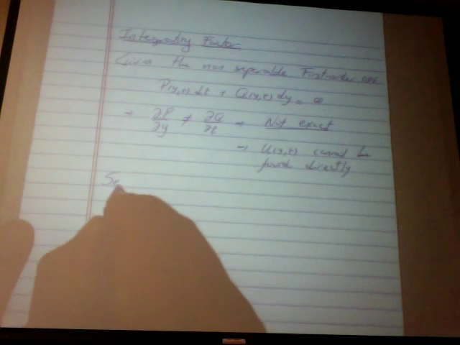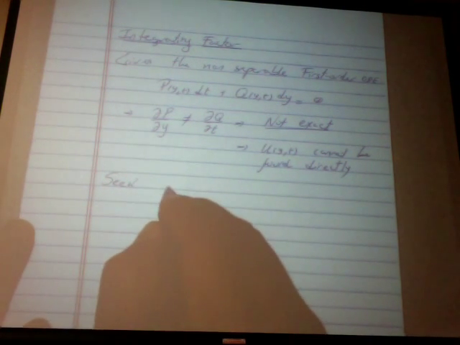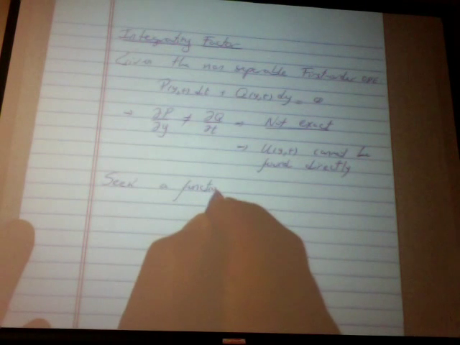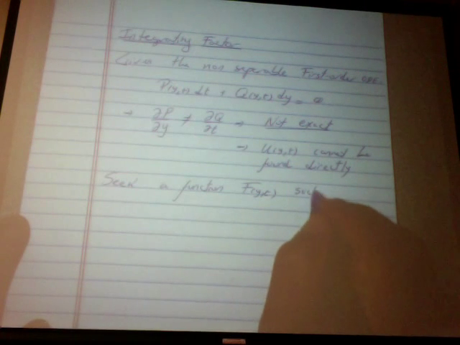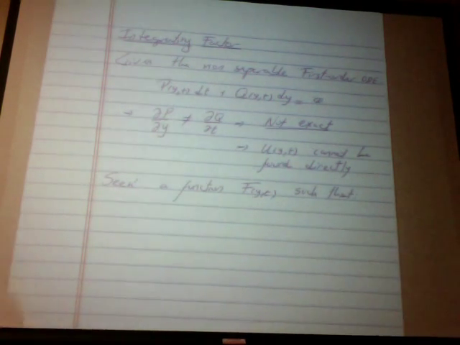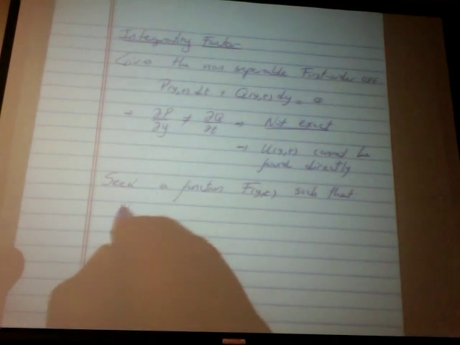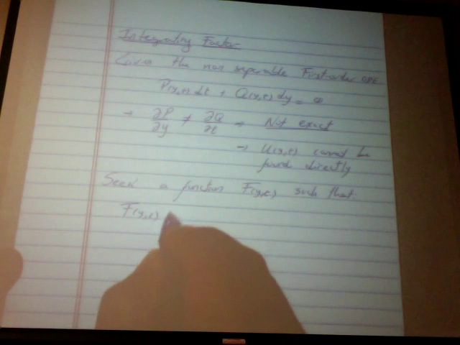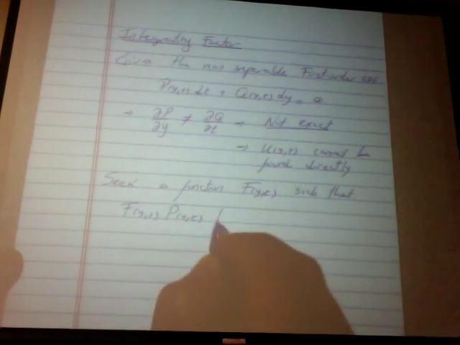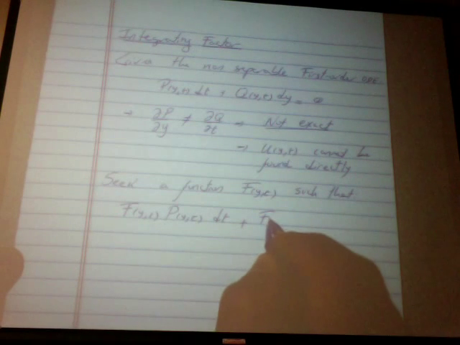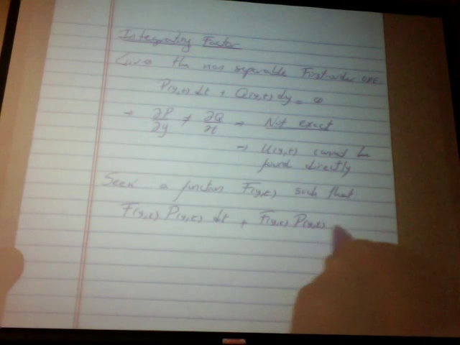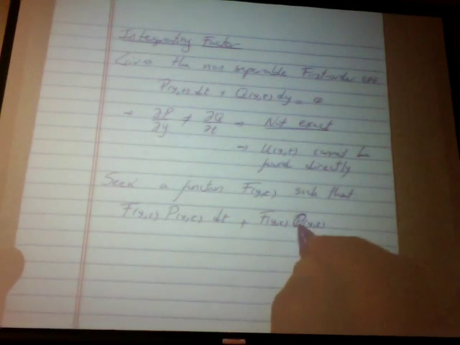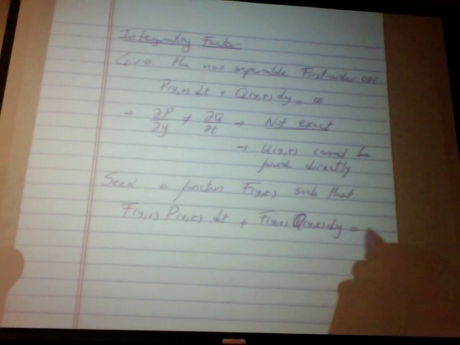So what we do is we seek a function f of y and t such that when we multiply the given equation through by f of y and t, that would lead to f of y and t times p of y and t dt plus f of y and t times q of y and t dy is equal to 0.